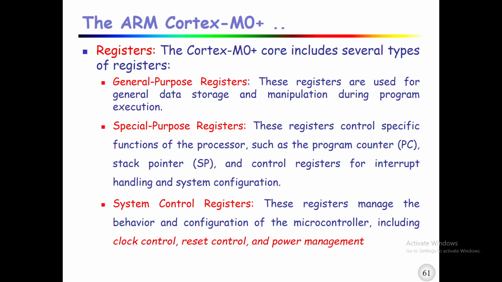For example, when a failure or interrupt happens, handling that interrupt is mostly done by the special registers, controlling different operations, stack pointers, counting the programs. Those are special activities performed under the operating system. So these kinds of activities are performed by special purpose registers.